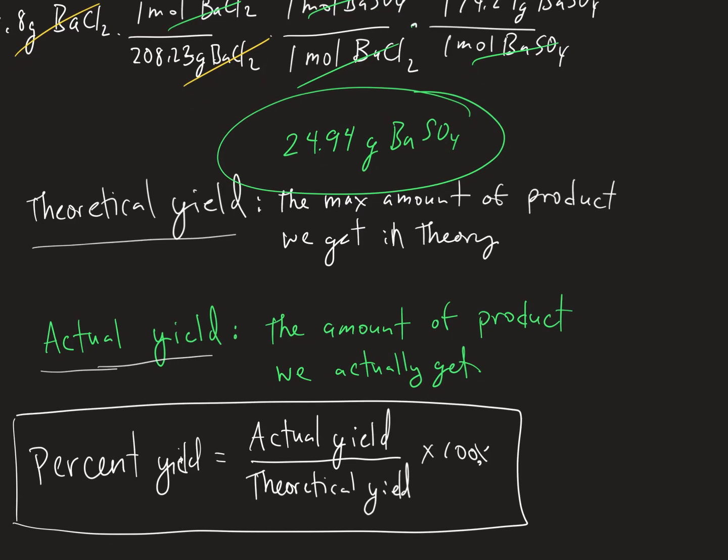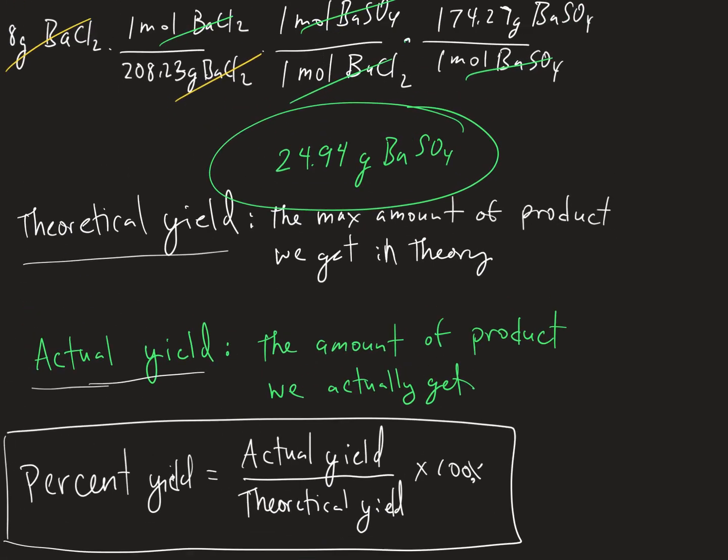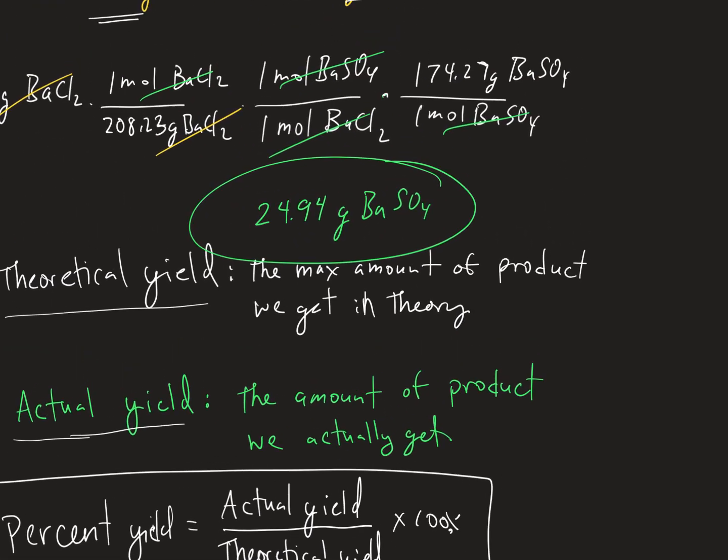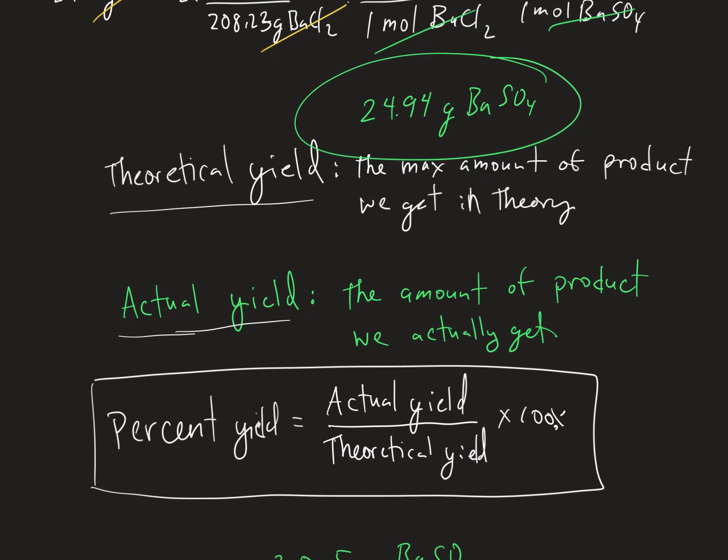What amount should I be able to get, guys? 24.94 grams. In theory, that's what I should be able to get. One more time.